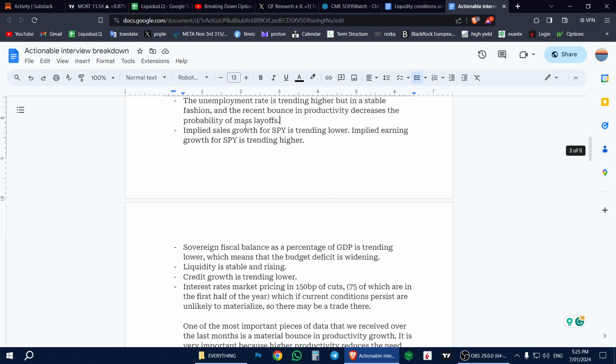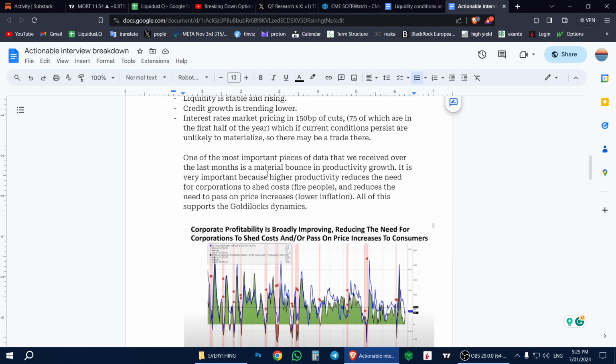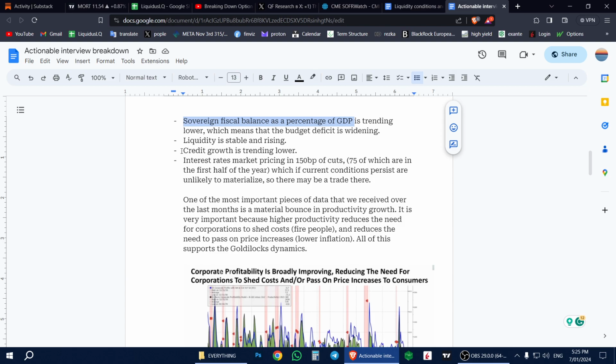There's a thread about the productivity. We'll get to this. Implied sales growth for SPY is trending lower. Implied earnings growth for SPY is trending higher. Sovereign fiscal balance as a percentage of GDP is trending lower, which means that the budget deficit is widening. Liquidity is stable and rising.